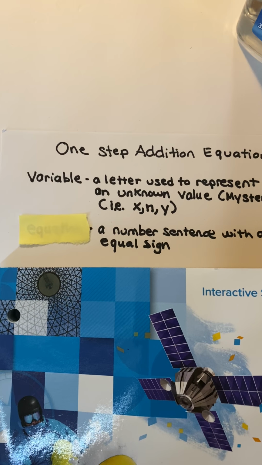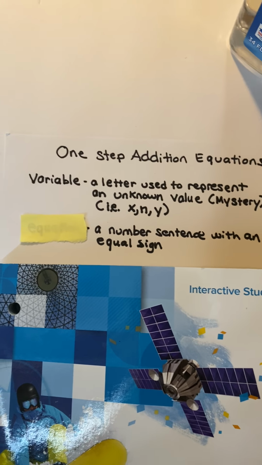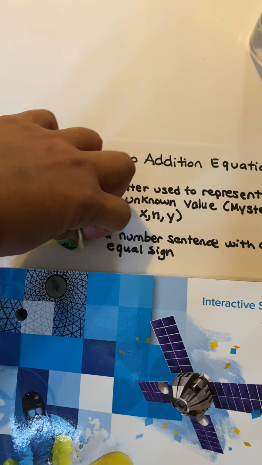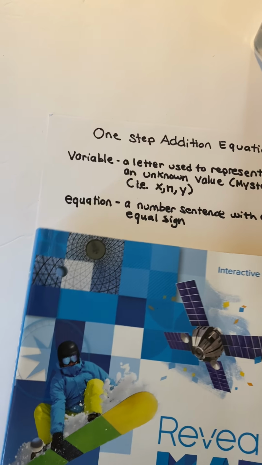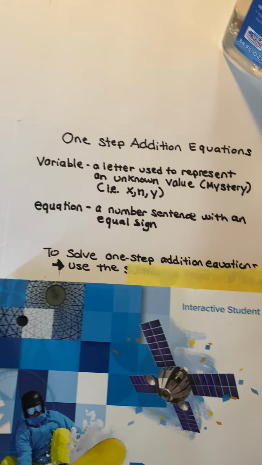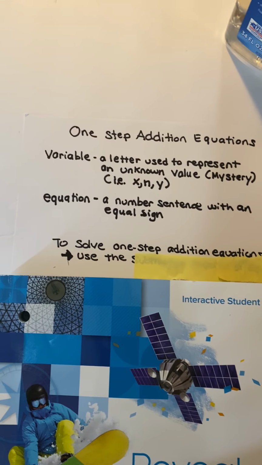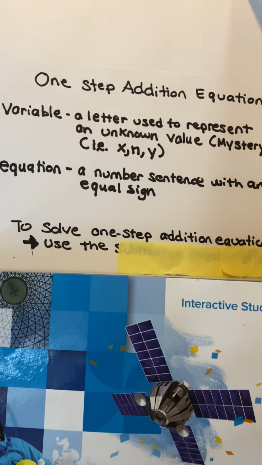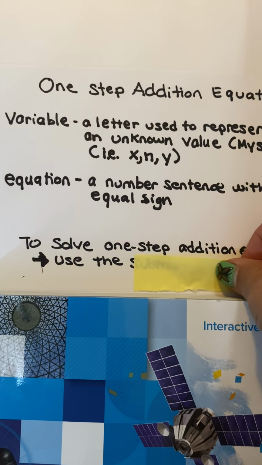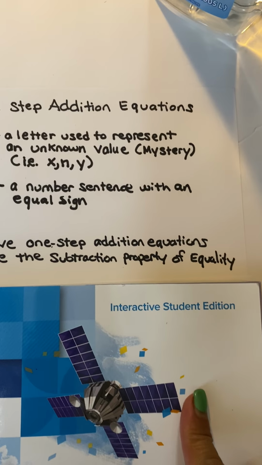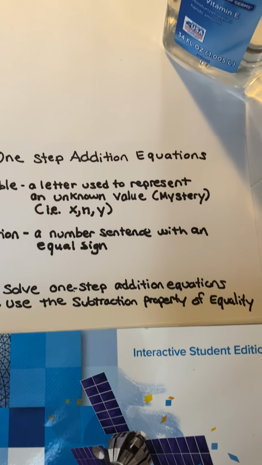Is it an expression? No, that doesn't have an equal sign. It's an equation. Okay, and then what is the property we're using to solve our one-step addition equations? It's a hint. What's the opposite of addition? The subtraction property of equality.